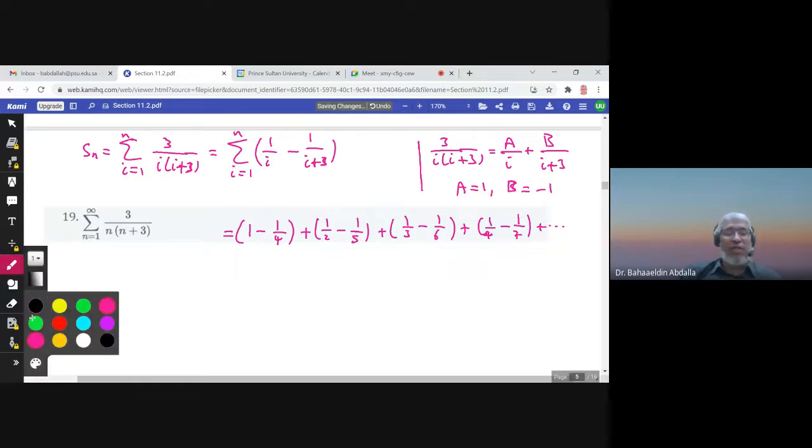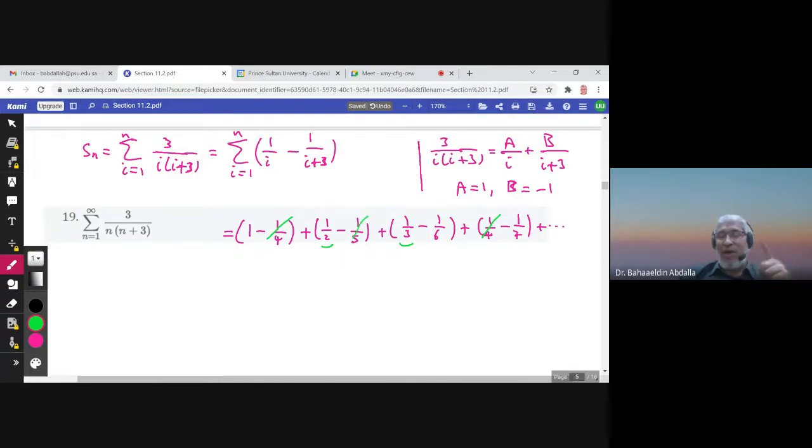Notice that, let us start cancelling. Okay, 1 not cancelled, 1 over 4. Okay, the second term here is cancelled with the first term here. This means that the first term here and the first term here will remain without cancelling.